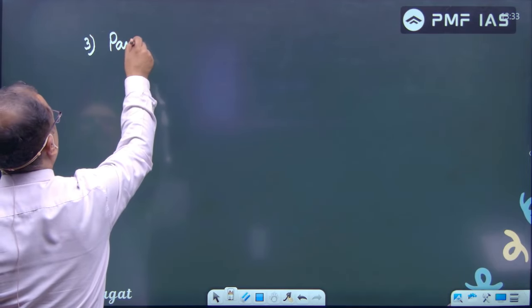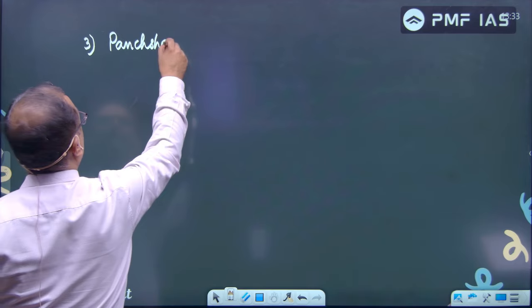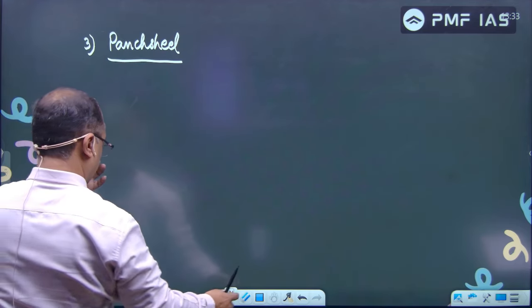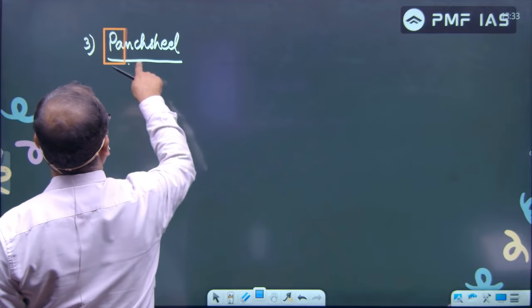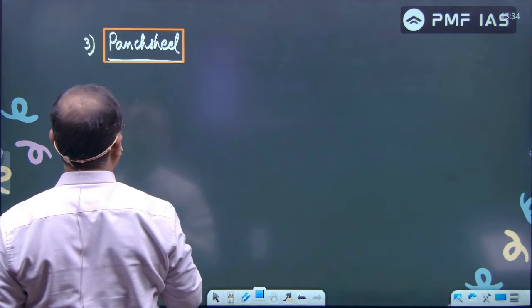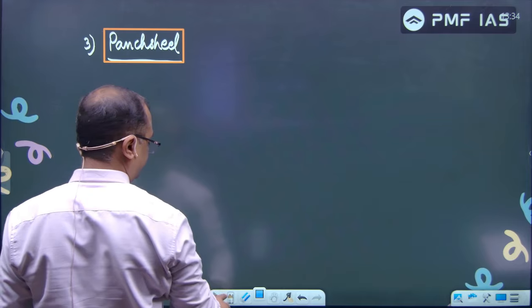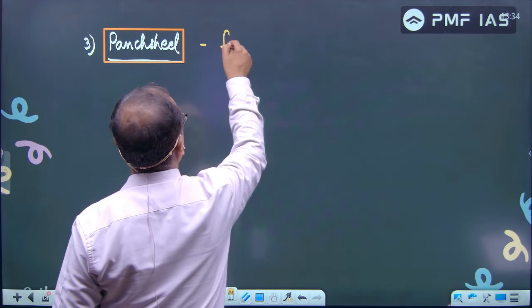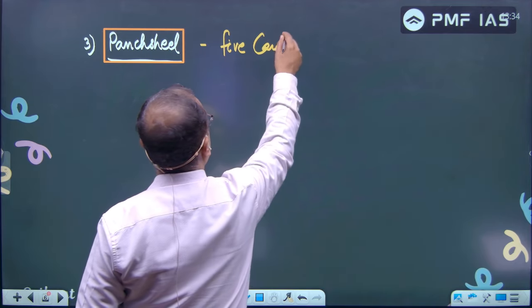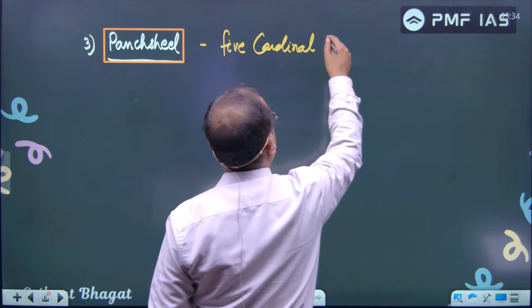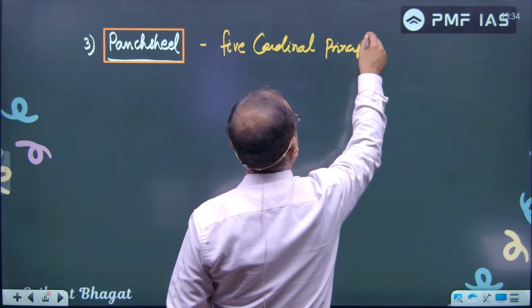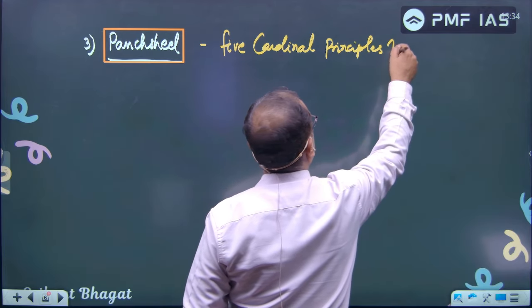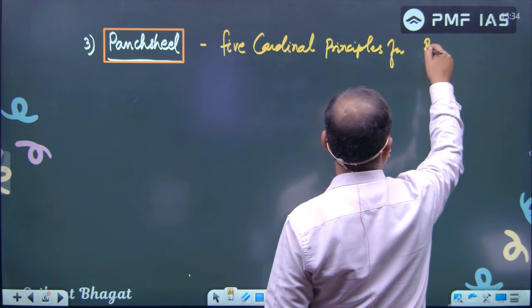So second, non-alignment by Nehru. And third comes Panchsheel. Five cardinal principles for peaceful coexistence.